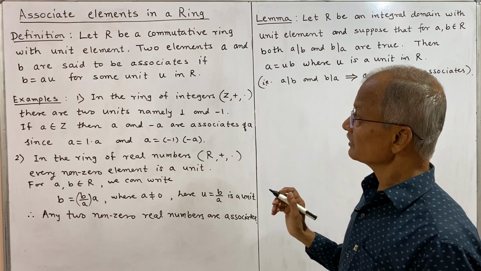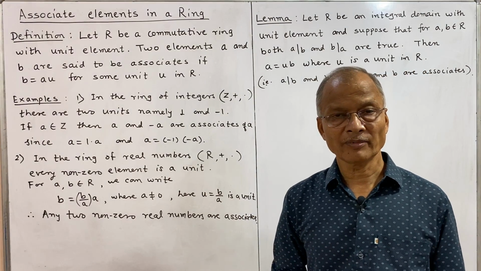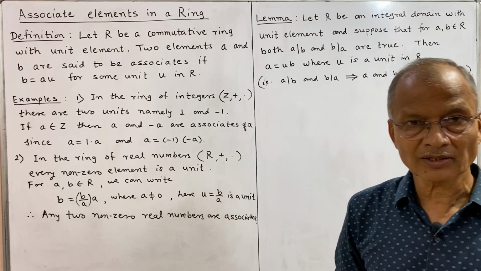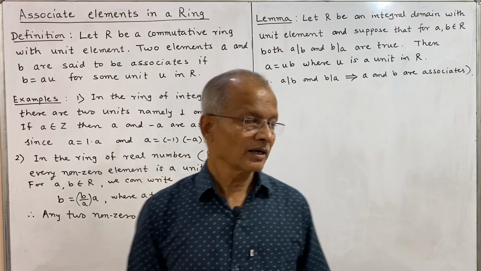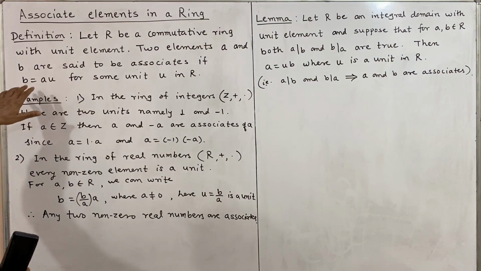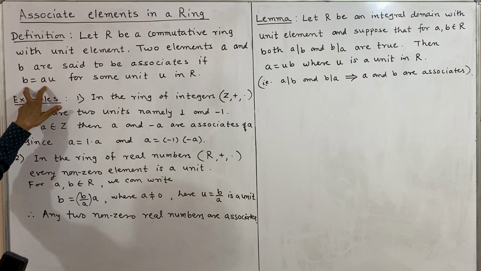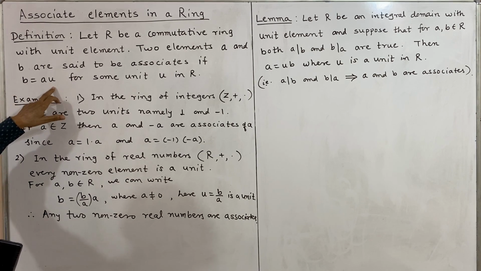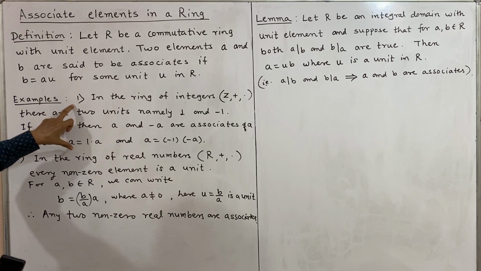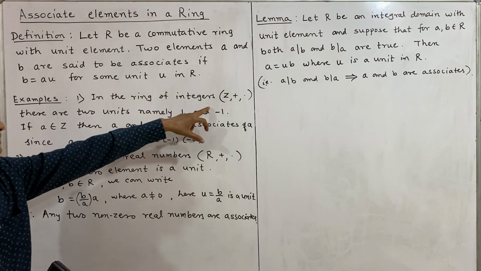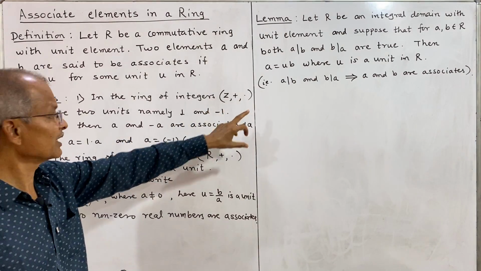An element is a unit if it has a multiplicative inverse, or every element which has a multiplicative inverse is a unit in a ring. Therefore, if B is expressed as A into U, then A and B are associate elements, where U is a unit. For example, the first example I have written is the ring of integers Z with usual addition and multiplication.